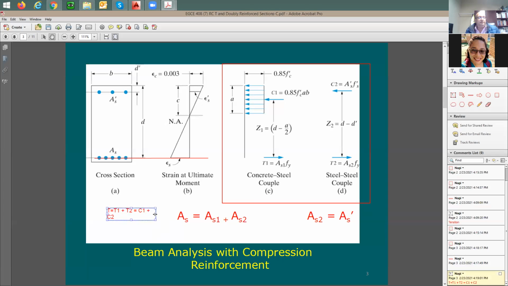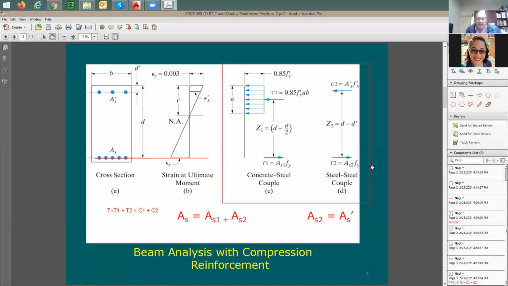You guys follow? Yeah, it makes sense. It's the same steel, the same tension steel. It didn't change. You cannot say a couple of rebars is for this and two other rebars for that. No. You just take the total cross-section area and then say, I'm going to split it into two forces.